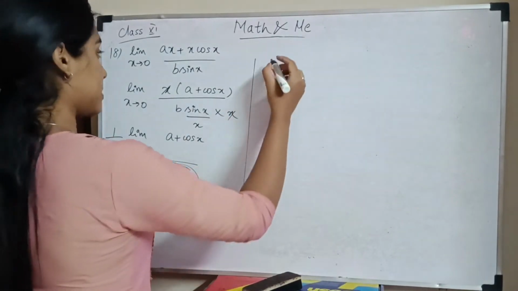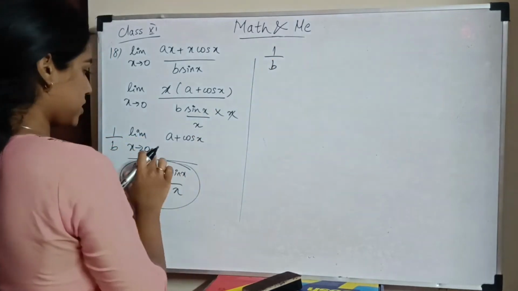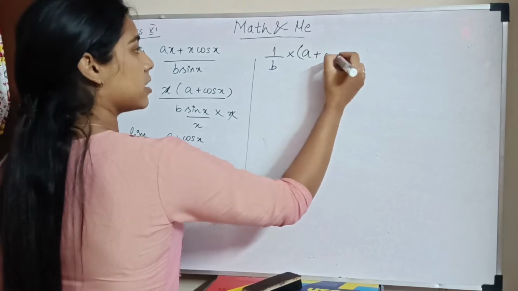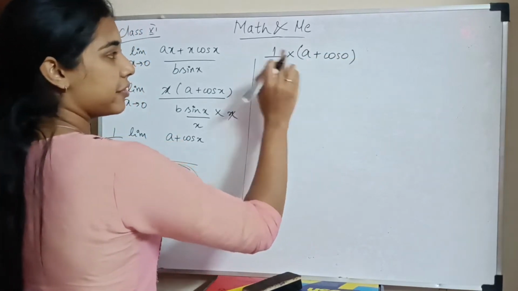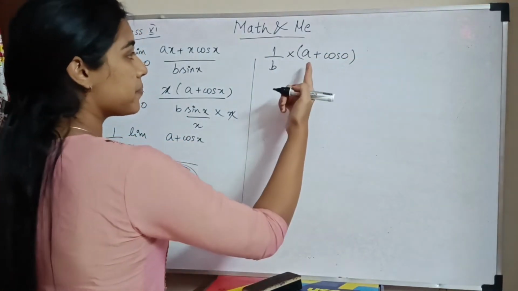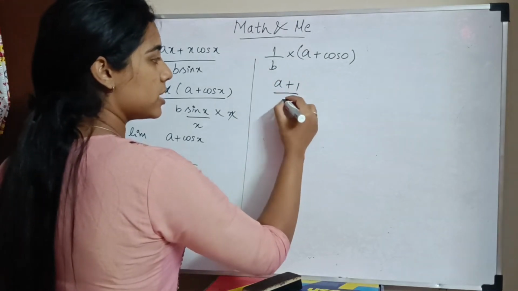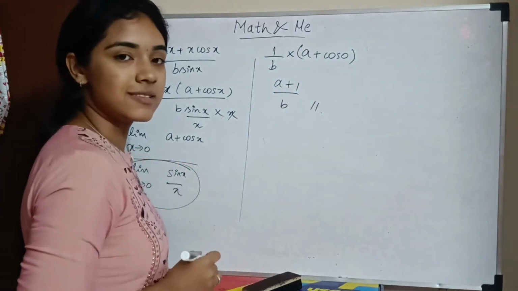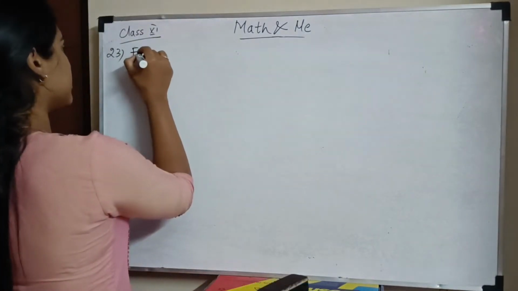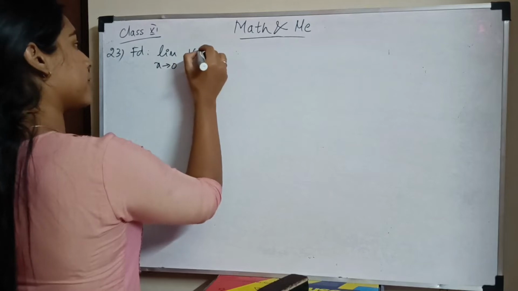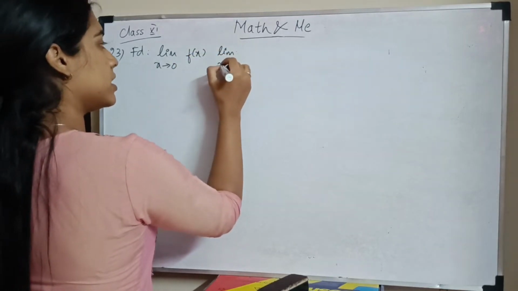So what does it become? 1 by b. 0 substitute panna times a plus cos 0. Never forget the bracket. Okay. So a plus cos 0 is a plus 1. A plus 1 divided by b. That is the answer.